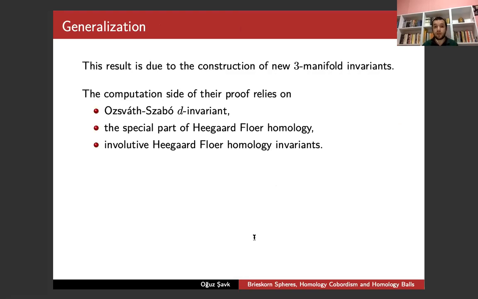The second stage is the computation of some special part of Heegaard Floer homology. And the last step, of course, is the computation of new cobordism invariants coming from involutive Heegaard Floer homology.